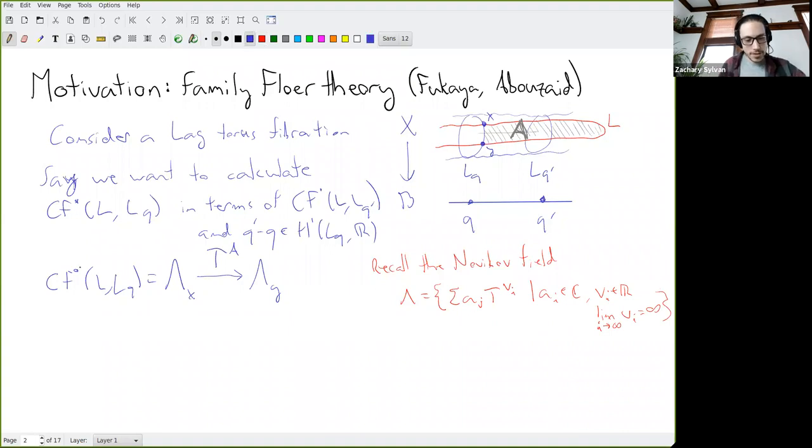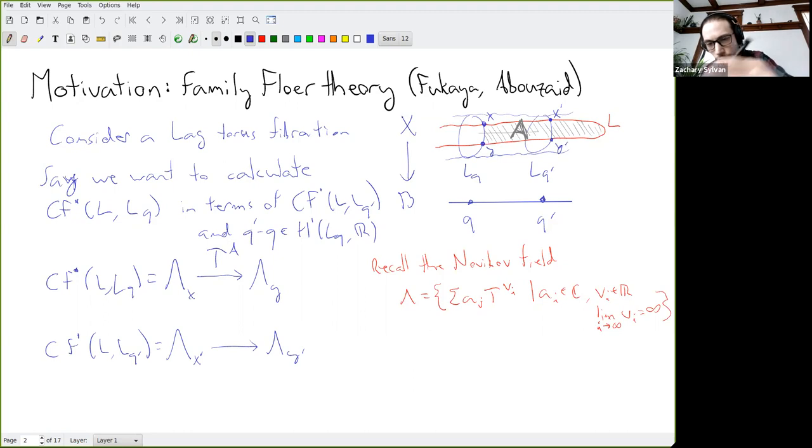Going back to the computation, so this is the Floer cochains of L with L_q. What if we wanted CF upper star of L with L_q prime? Well, we'd have Lambda x prime, that's over here, going to Lambda y prime.